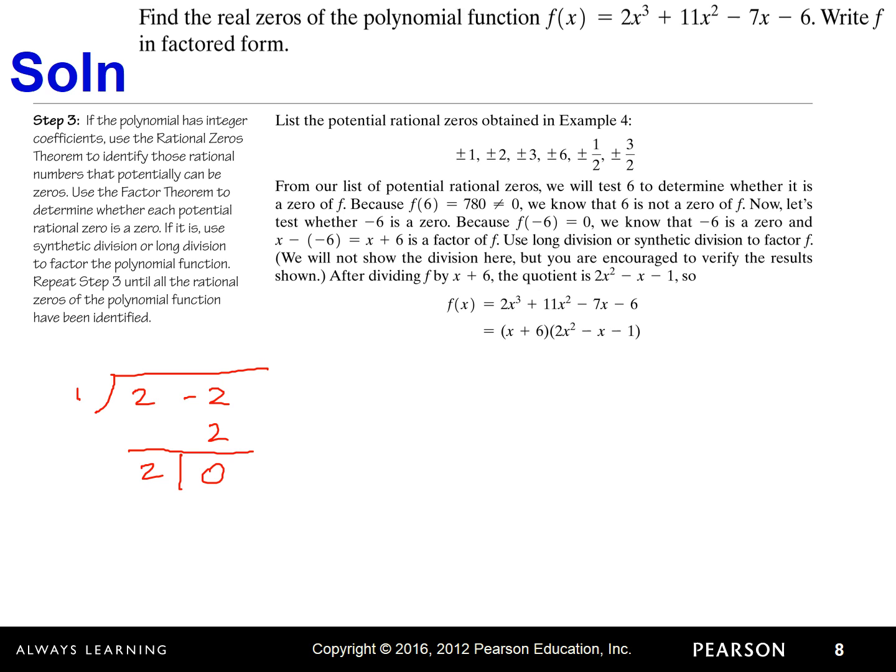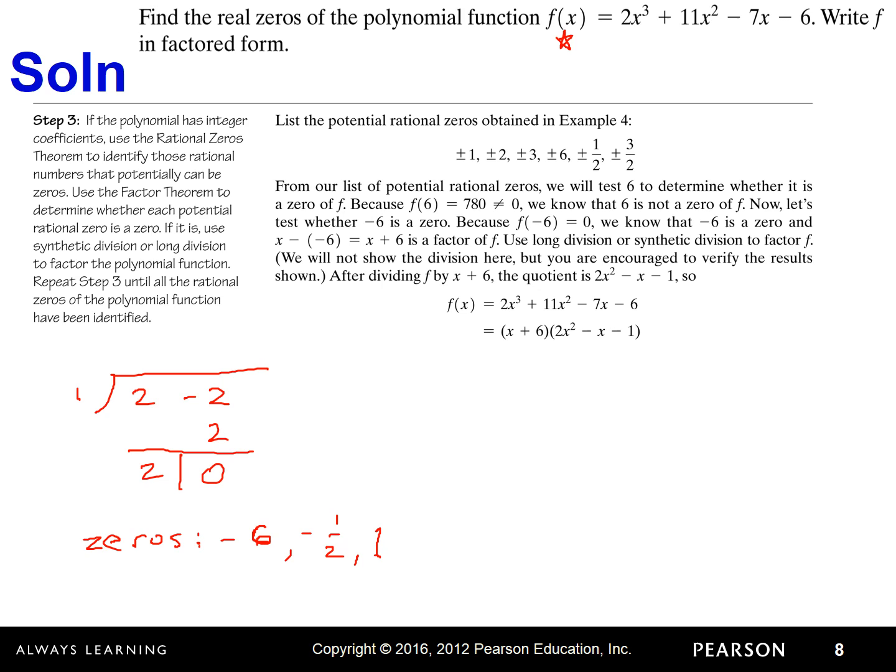So we know we've got the zeros. Okay, the zeros are negative 6, negative 1/2, positive 1. Those are zeros. If you run any of those numbers through f of x here, you would get 0 when they come out.